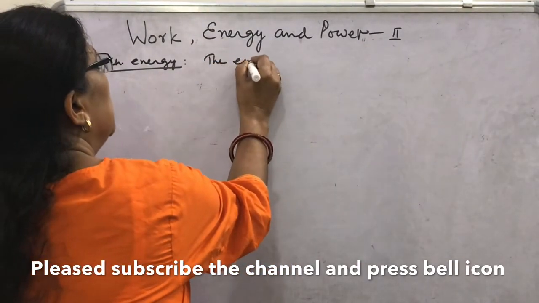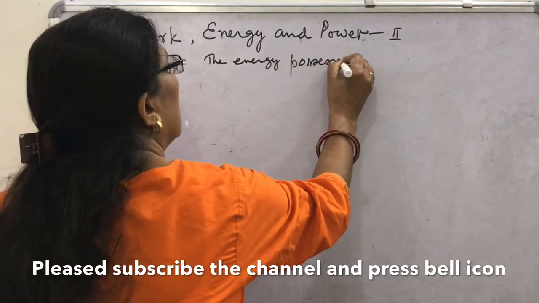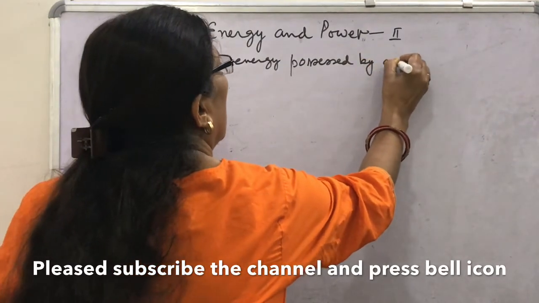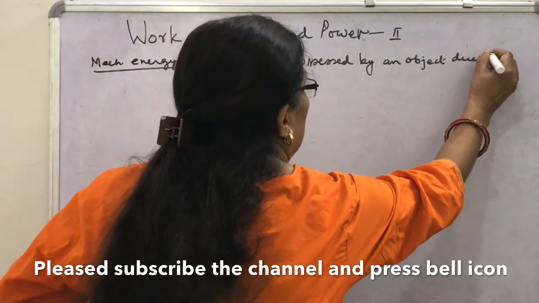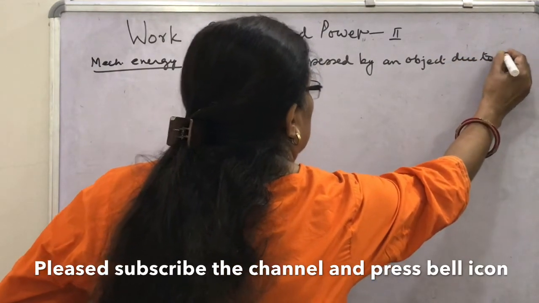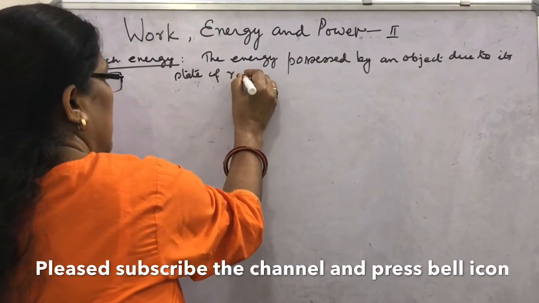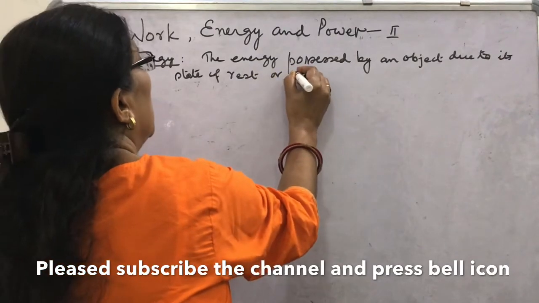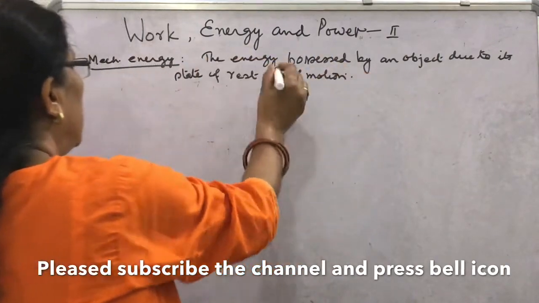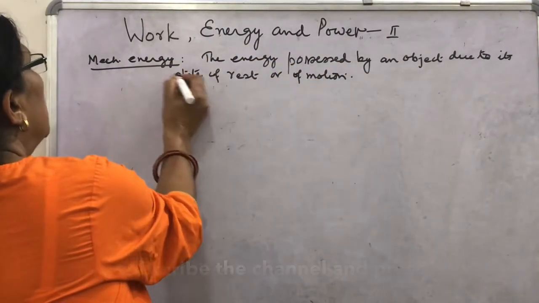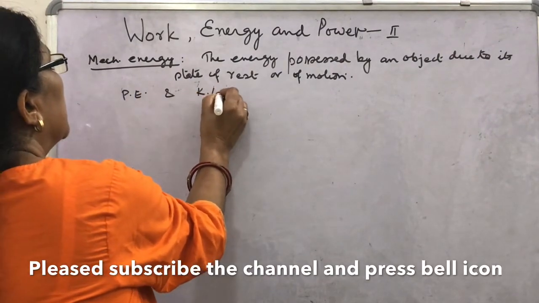So, the energy possessed by an object due to its state of rest or of motion. How will you define it? It is found in two forms, potential energy and kinetic energy.